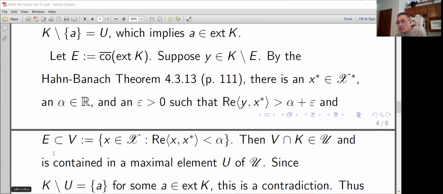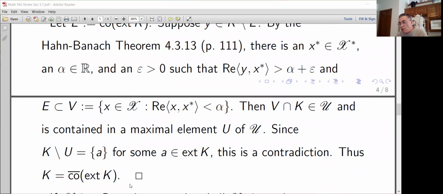So U contains E, so U contains all extreme points. But now, outside of U, you have one more extreme point. This is a contradiction. So therefore, K must be equal to E.